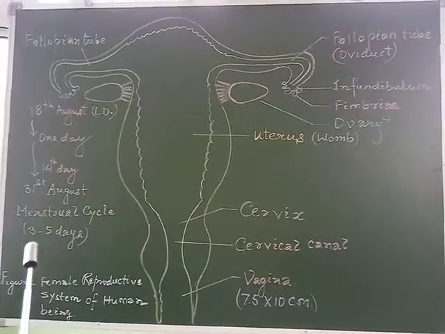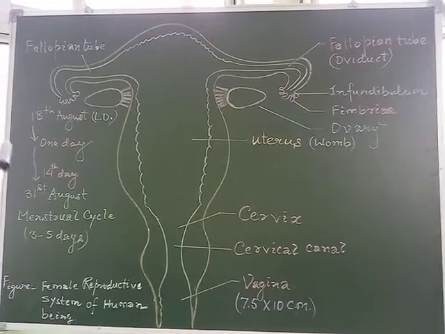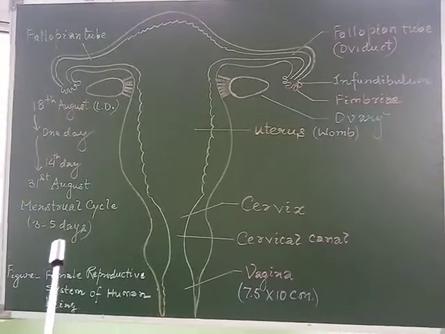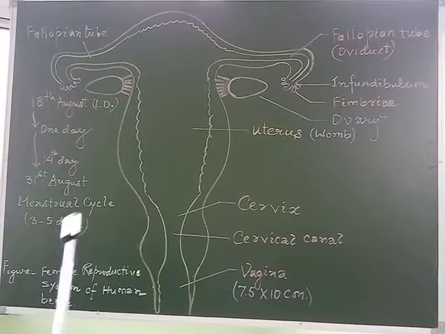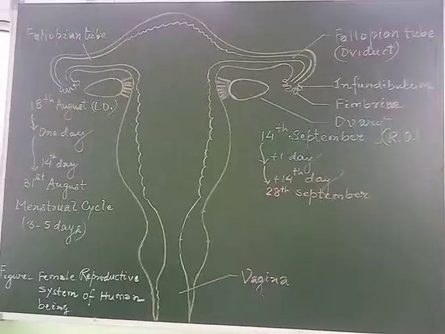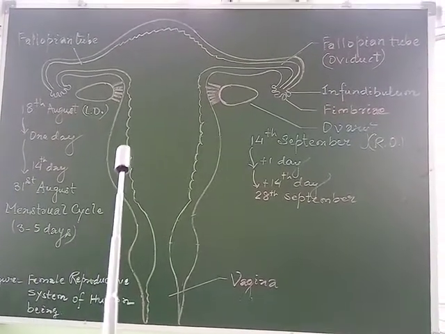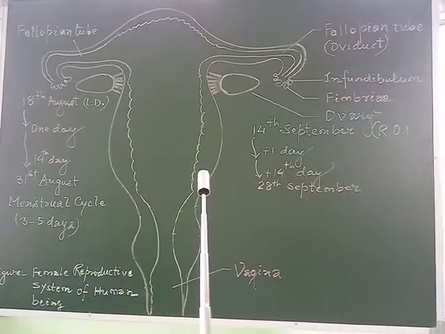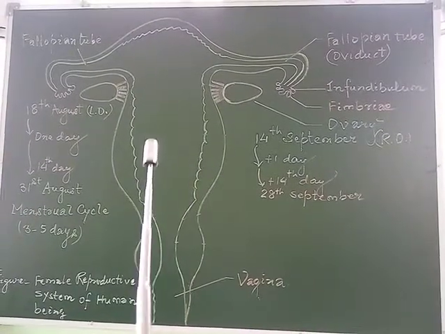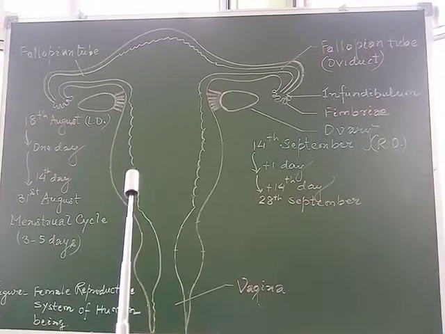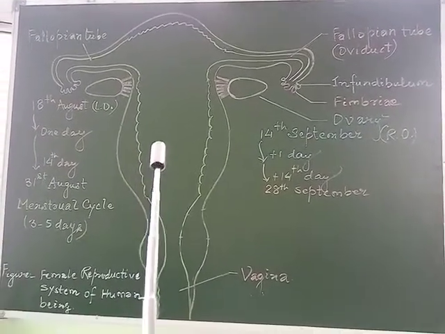So menstruation usually occurs 14 days after ovulation and usually lasts for about 3 to 5 days. As the menstrual cycle ends, the eroded inner lining of the uterus gets repaired. Now the uterus again becomes ready to receive the next ovum.